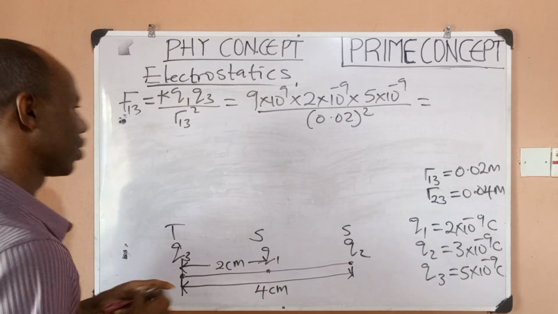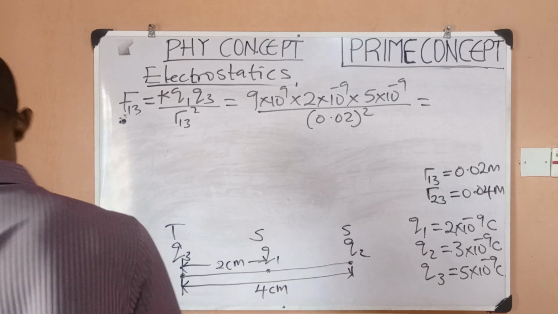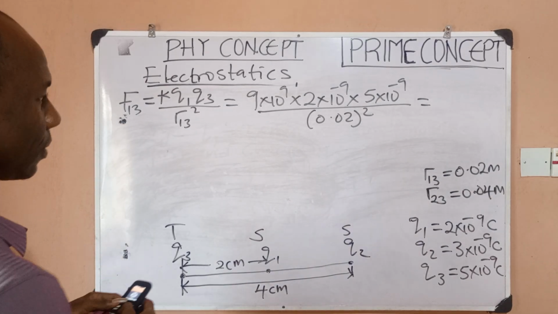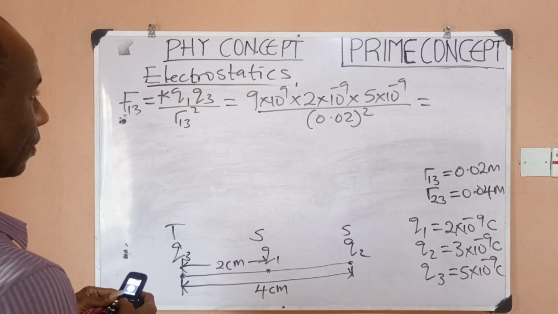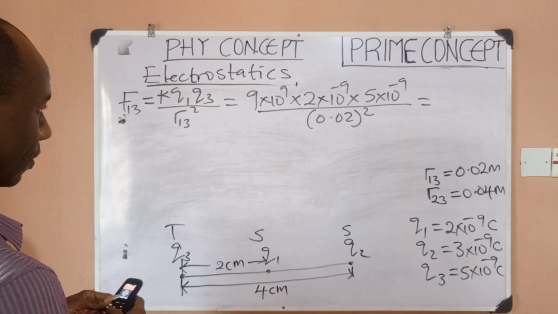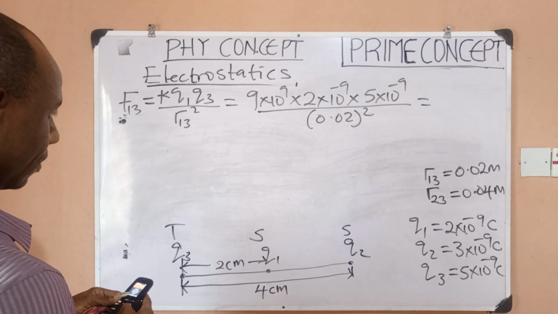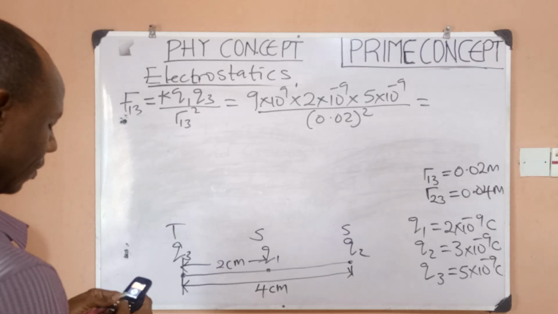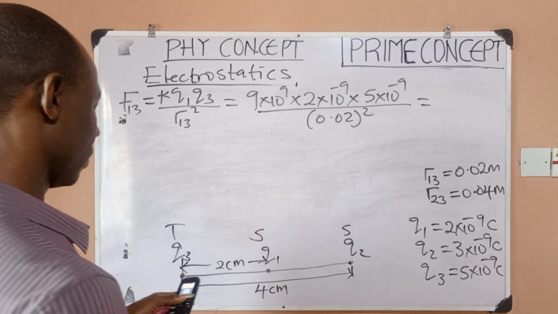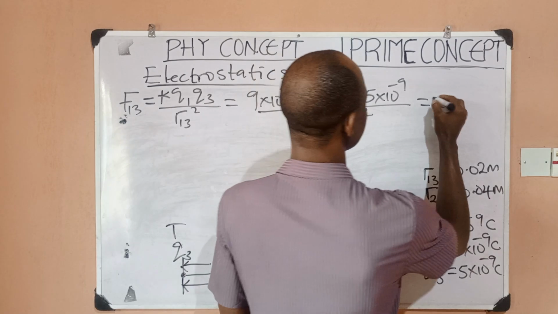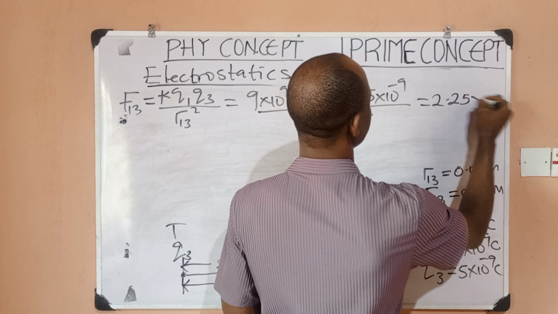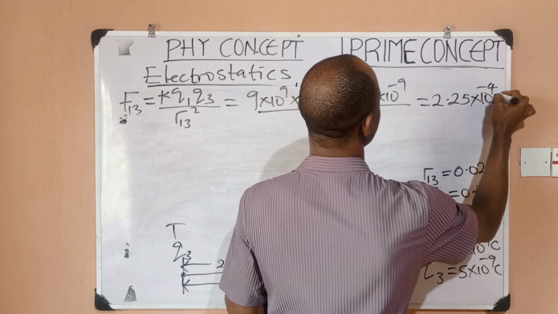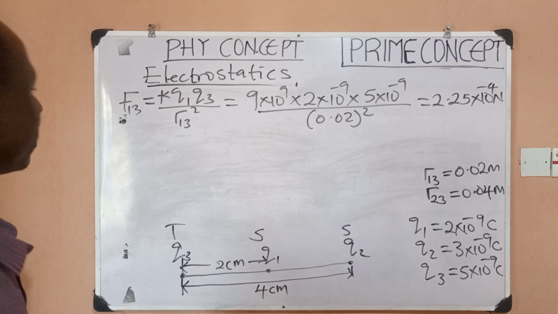If you punch this in, I have 2.25 times 10 to the power minus 4 Newton. So that is the value.